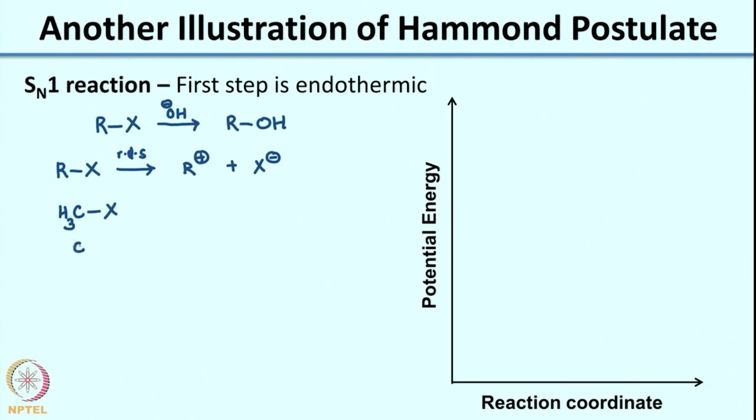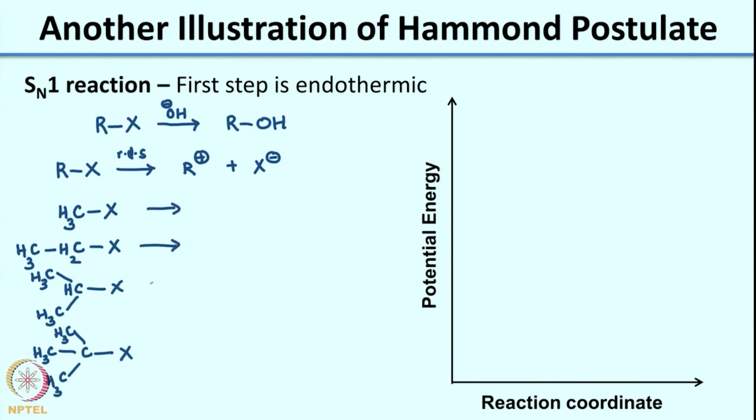The other example would be, then we can have, and the last example would be, in each of these cases I want you to write the structure of the carbocation that you generate.